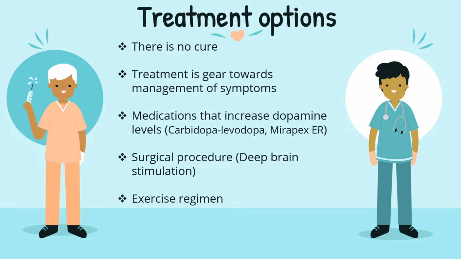That treatment option is, like I said, mostly for people who are in the late stages of Parkinson's. There is also an exercise regimen to help with all the muscle stiffness and muscle issues.